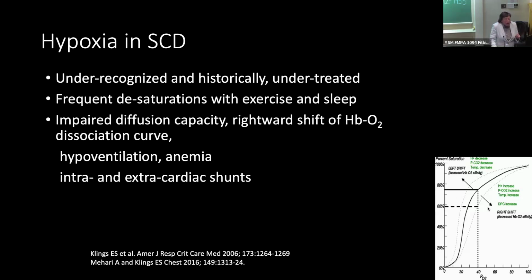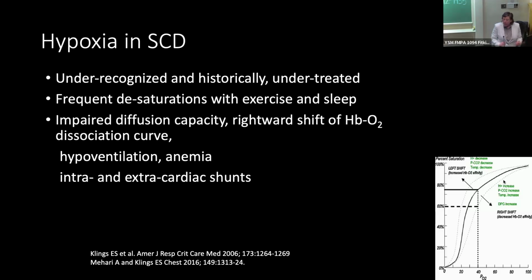But there are also abnormalities in the oxygen hemoglobin dissociation curve. Remember, there are things that either will right shift or left shift your oxygen hemoglobin dissociation curve. In sickle cell disease, there is a right shifting of the curve, and it's because of hemolysis.